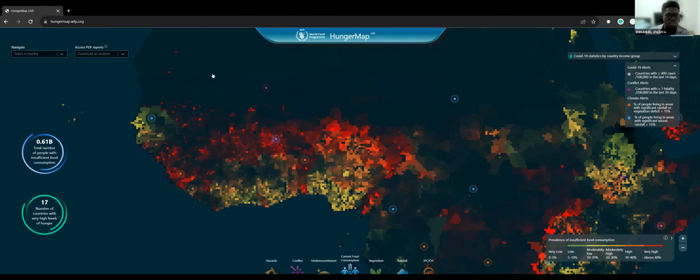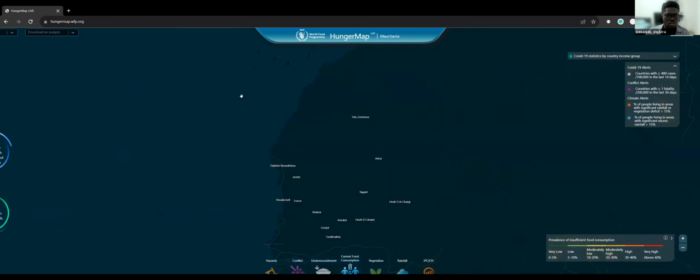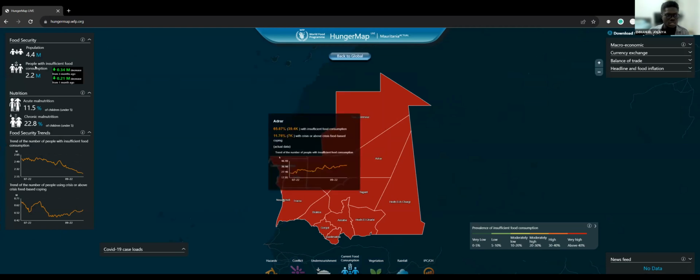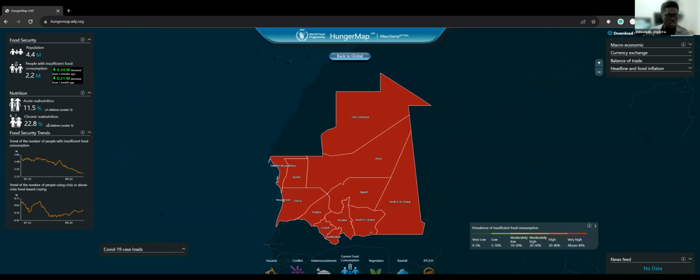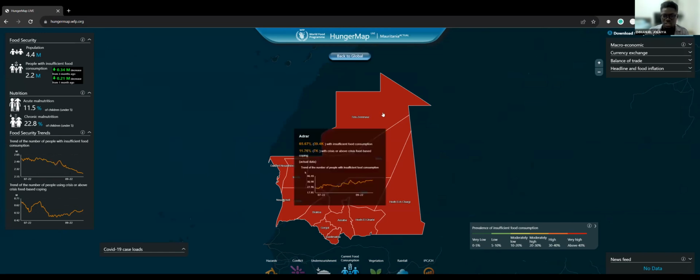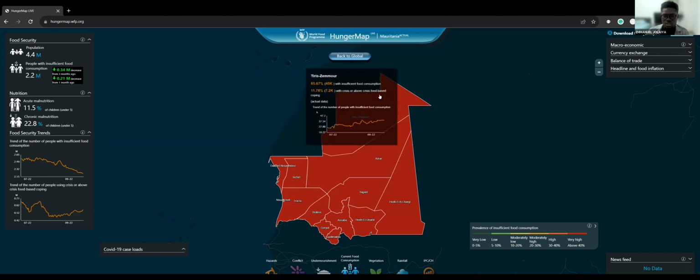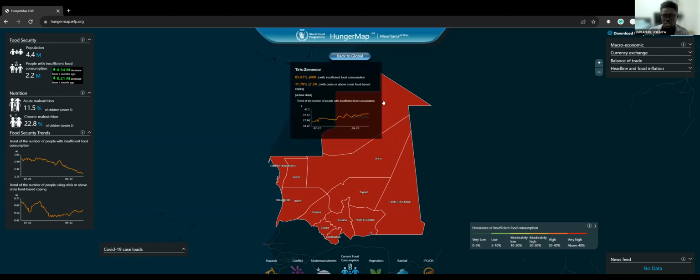This platform is showing us the hunger maps of different countries. When you zoom to a particular country, you see on the sidebar the food security level, the nutrition level, and then a chart. You can see this is communicating results, and here are different ways we represent the data. And when you hover on a particular county, you see the charts and also the information about that place.